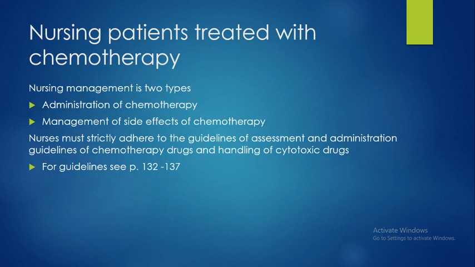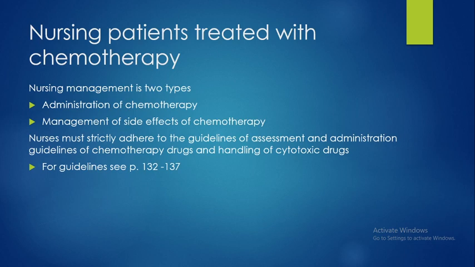Then nursing patients treated with chemotherapy. Nursing management has two types: administration of chemotherapy and management of side effects of chemotherapy. Nurses must strictly adhere to the assessment and administration guidelines of chemotherapy drugs and the handling of cytotoxic drugs.